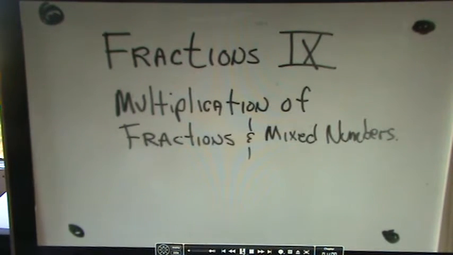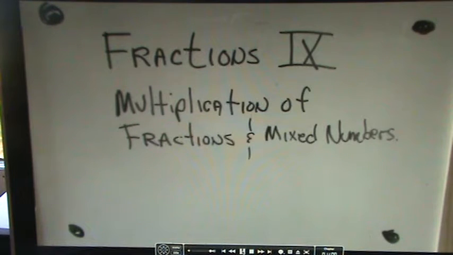Now we've worked with what is a fraction, how to rename fractions in their lower name, how to raise them to a higher name, the different types of fractions we've studied, mixed numbers, improper fractions, how to change an improper fraction to a mixed number, how to change a mixed number to an improper fraction.